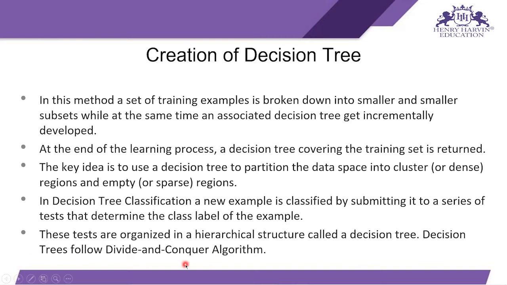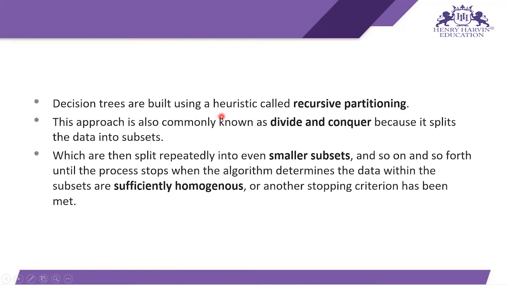Decision tree follows the divide and conquer algorithm. Decision trees are built using a heuristic called recursive partitioning. This approach is commonly known as divide and conquer because it splits the data into subsets, which are then split repeatedly into even smaller subsets, and so on and so forth, until the process stops when the algorithm determines the data within the subsets are sufficiently homogeneous or another stopping criterion has been met.